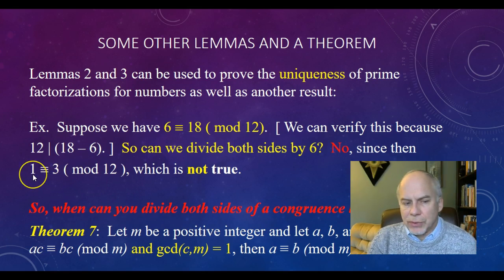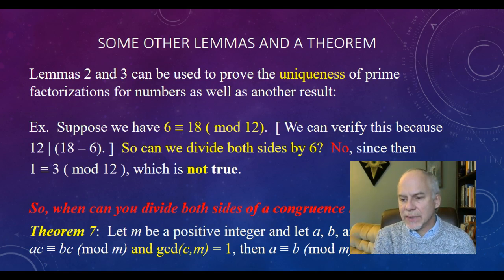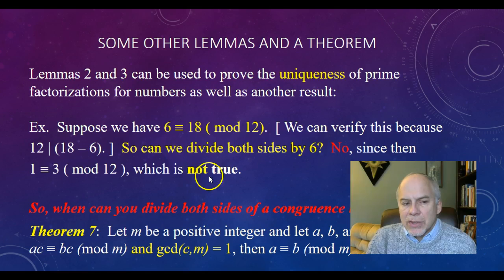And it's not true that 1 is congruent to 3 mod 12. How do you know this? Because 12 doesn't divide into the difference of 3 and 1. The difference of 3 and 1 is 2. 12 doesn't divide into 2. So it's not true. So we can see in this case, we cannot divide both sides by 6.